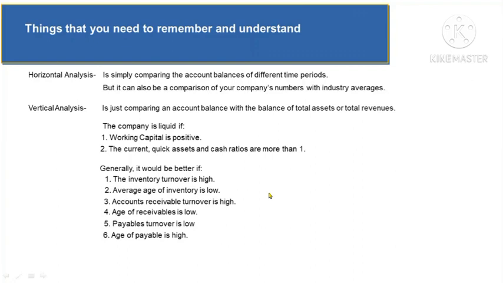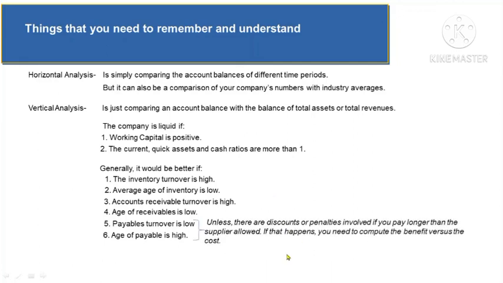It's the opposite for the payables turnover and the age of payables, because you want to pay as late as possible, unless there are discounts or penalties involved if you pay longer than the supplier allowed. So if that happens, you need to compute the benefit versus the cost. Sometimes it is better to pay faster or earlier if there are large discounts or penalties involved.